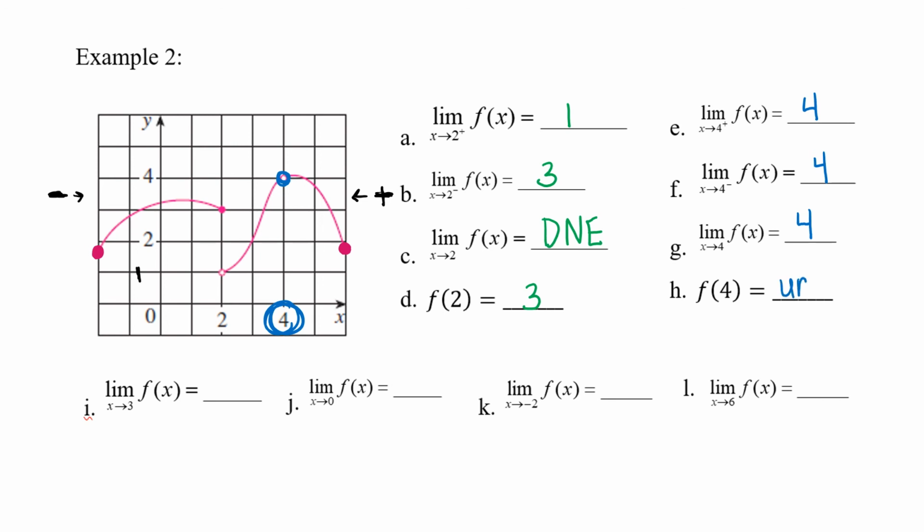So we can either say that this is undefined, or sometimes we just say that it does not exist. So for the limit, we always say DNE if it doesn't exist, but if the function output is undefined, undefined is probably a better word for it, but sometimes we also say DNE when we're working with limits.